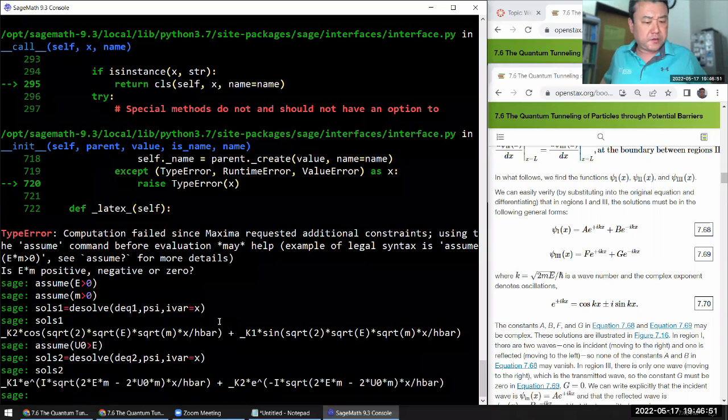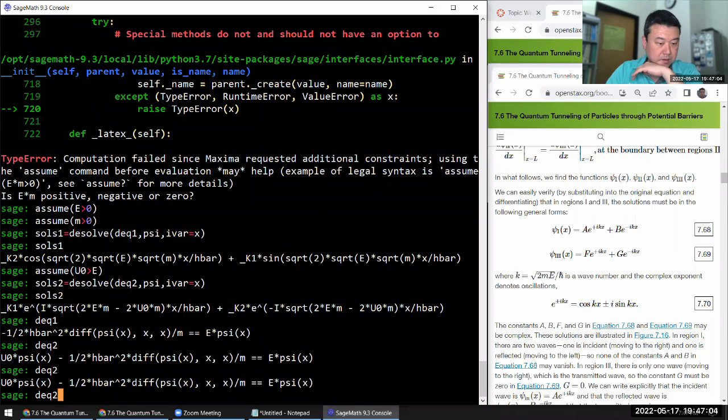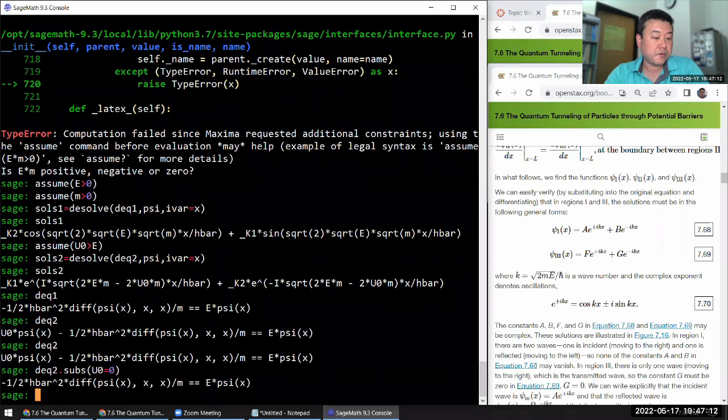Maybe let me give this a try. So instead of having these different differential equations, I can actually just keep this one, and whenever I want to go back to differential equation 1, it will be really plugging in that U naught is 0. So I think I might be able to do that. So let me do it this way.